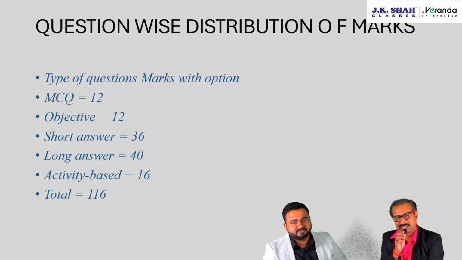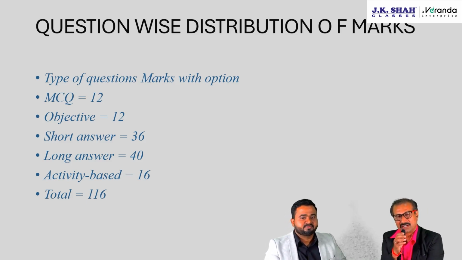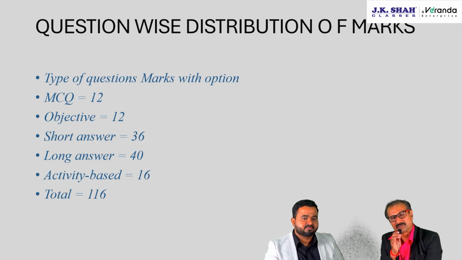Short answer type questions are of 36 marks, 18 marks for Maths 1 and 18 marks for Maths 2. Long answer type questions are 40 marks, 20 marks for Maths 1 and 20 marks for Maths 2. Now the activity based questions are 16 marks, that means 8 for Maths 1 and 8 for Maths 2. But these are the marks with option, that is 116 marks.